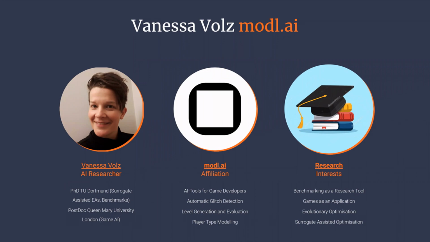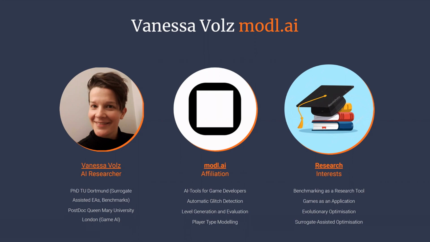As I said, I have an academic background. I actually did a postdoc here at Queen Mary, but now I work at Model AI, and we're developing several types of tools that are supposed to help game developers. So this includes automatic testing, but also generating different levels, figuring out how to find bugs, how to figure out what the win rate is.